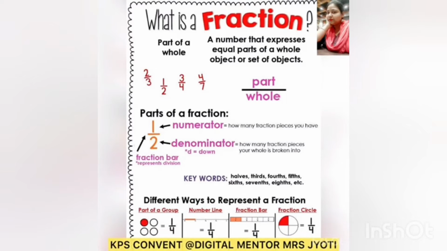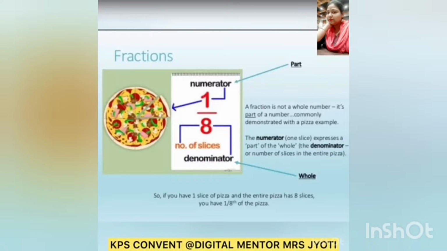Like 2 by 3. Dash के above part है, dash के down whole है. Let's understand this part. 1 is a numerator and 2 is a denominator as you see on the screen. Let's take an example.